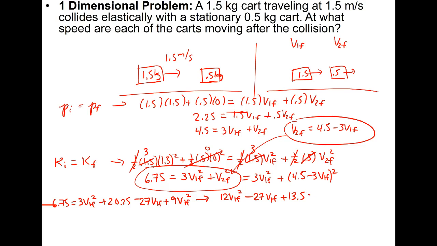And that is going to be equal to 0. So now we need to use the quadratic formula. So V1 final is equal to negative b plus or minus the square root of b squared minus 4ac all over 2a. And I'm going to hope and pray that that's going to give me a positive number, or else that means I did something wrong in my algebra.